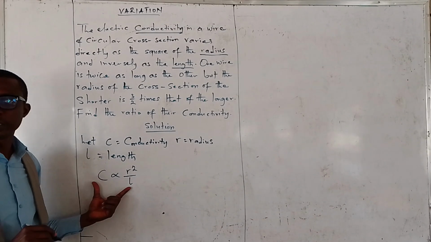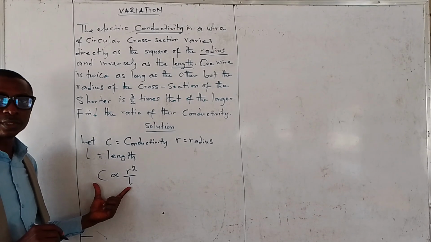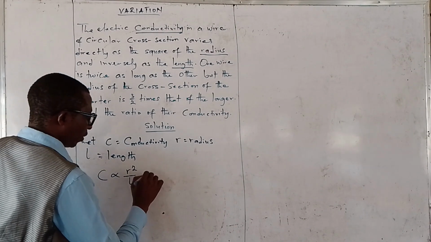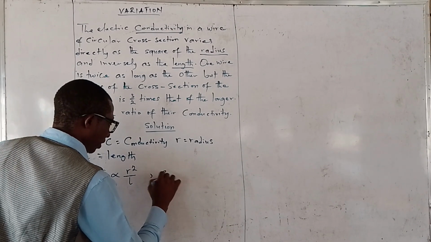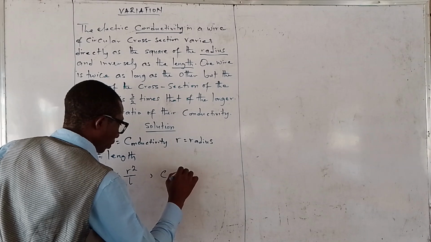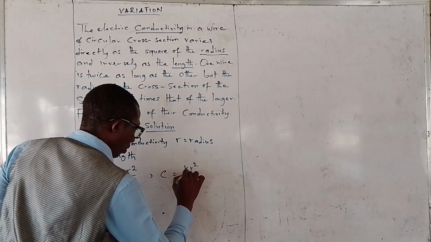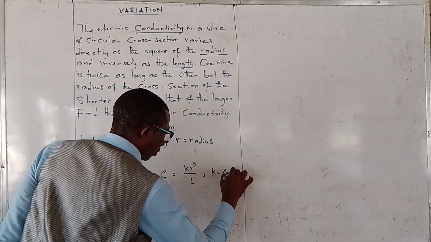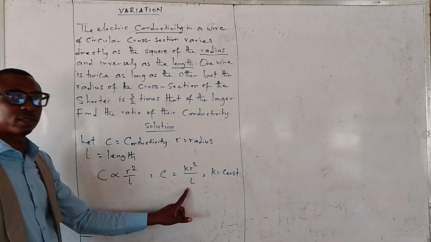So this is the variation. From here, this variation will give us C equals KR squared over L, where K is what? A constant.